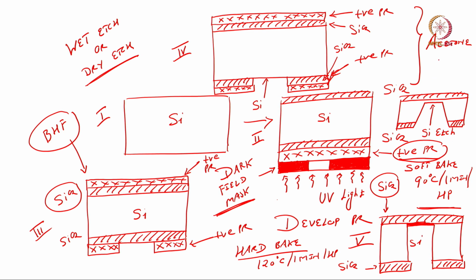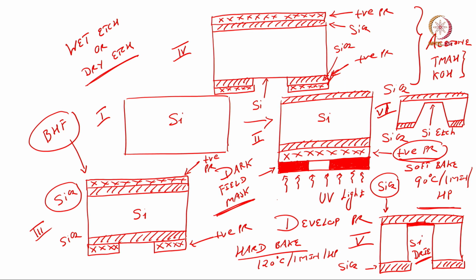What chemicals are used for etching silicon? We can use tetramethyl ammonium hydroxide, we can use potassium hydroxide to etch silicon to create a diaphragm. Here we are using the DRIE technique, deep reactive ion etching, to create a diaphragm, right. So, in either case 5 or 6 we will get the diaphragm.